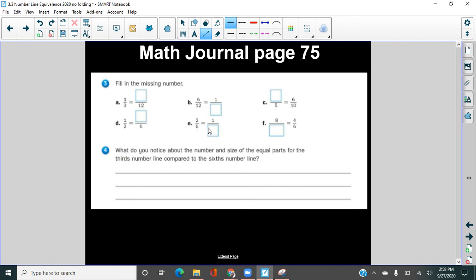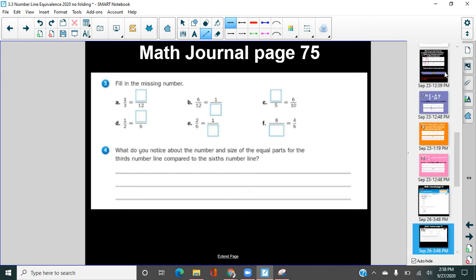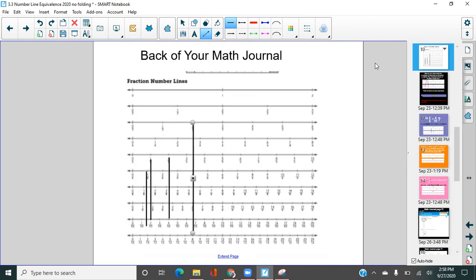Okay, and then the last ones you'll be figuring out what is equal to those things. So 2/6, what is equal to that one? Let's do that one just because you have to go up on this one. So 2/6 is equal to 1 what? Well, let's see. 2/6. Have I already done that one? Nope, I haven't.